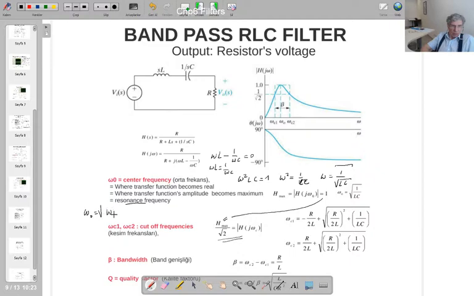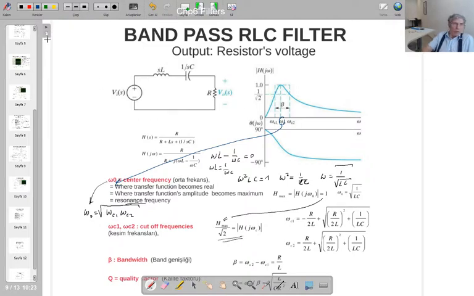Omega C1, omega C2. The multiplication of those two, upper and lower cutoff frequencies, the square root of it gives you the central frequency. So we can say now that this central frequency is this frequency, which is in the middle, that one.